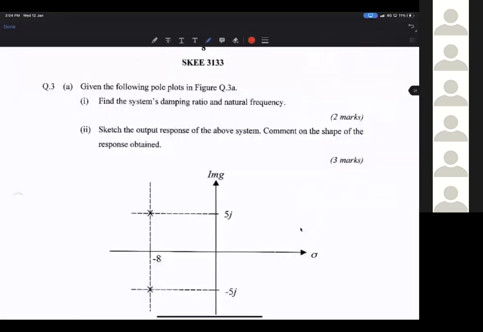Okay, we continue. Second part, question number 3. Norafika, please read question number 3. Given the following pole plots in figure question 3a, find the system damping ratio and natural frequency.